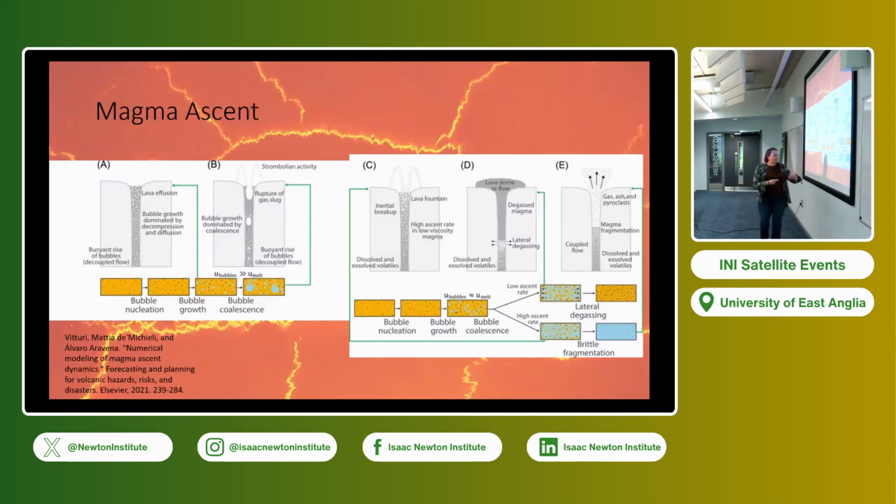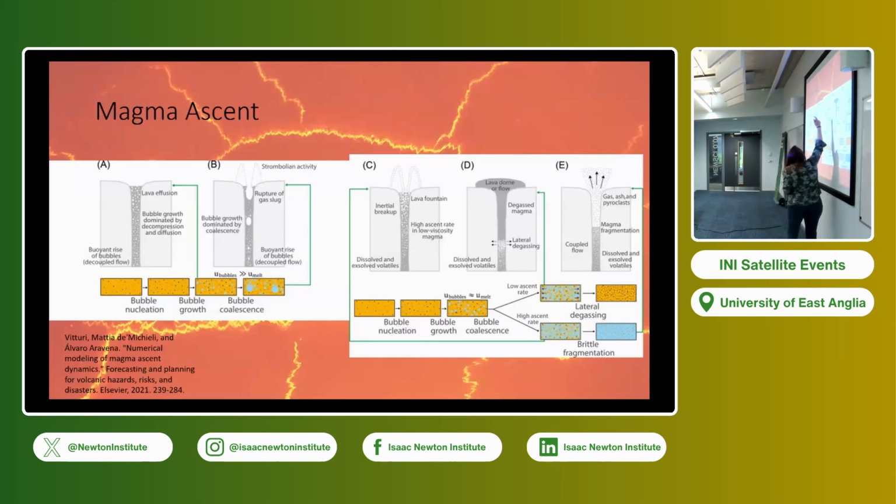Then we get down to this end. Again, this is fairly low viscosity, but what happens here is there aren't many bubbles to start with. This has come up really quickly, so the bubbles haven't really had time to form.